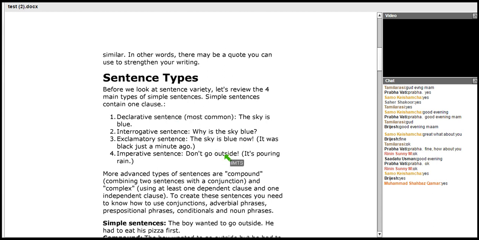Declarative sentence. For example, the sky is blue. This is what someone is declaring. Right? So can you write one declarative sentence, everyone out there?